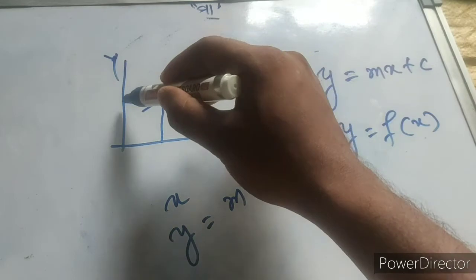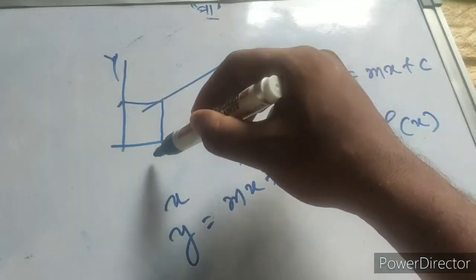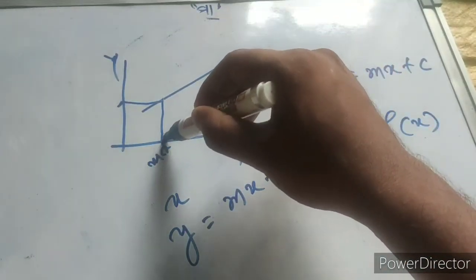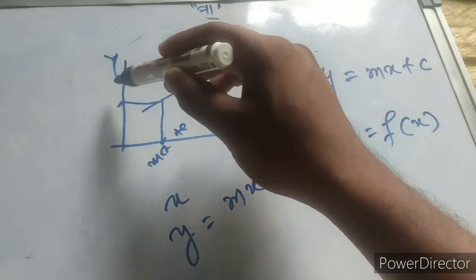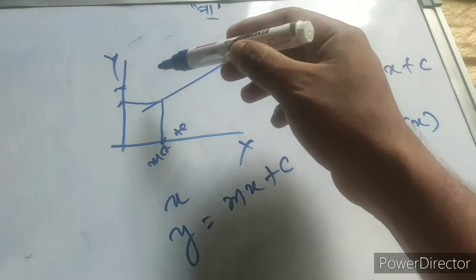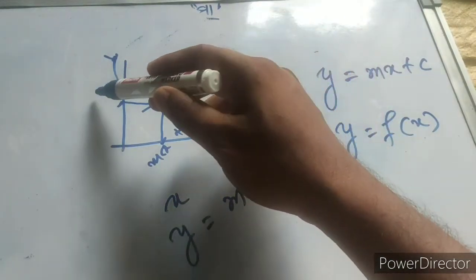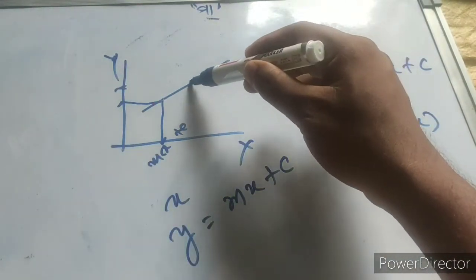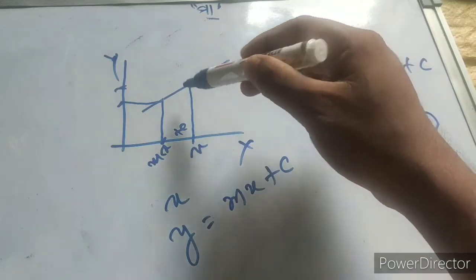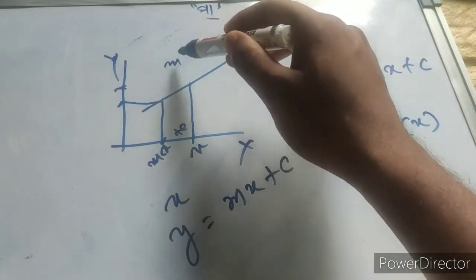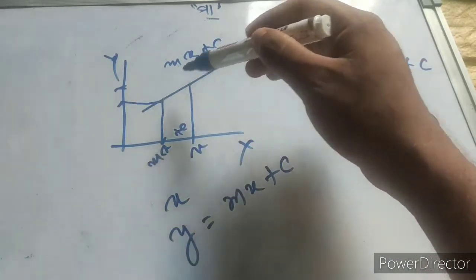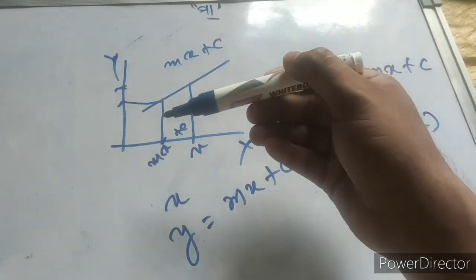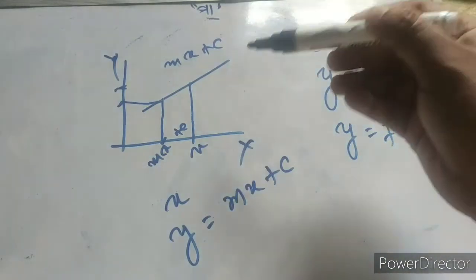So the y value is m times x plus c. Again, for this y value, the x value is taken and m is multiplied with it, plus the constant. The constant remains constant throughout the entire line.